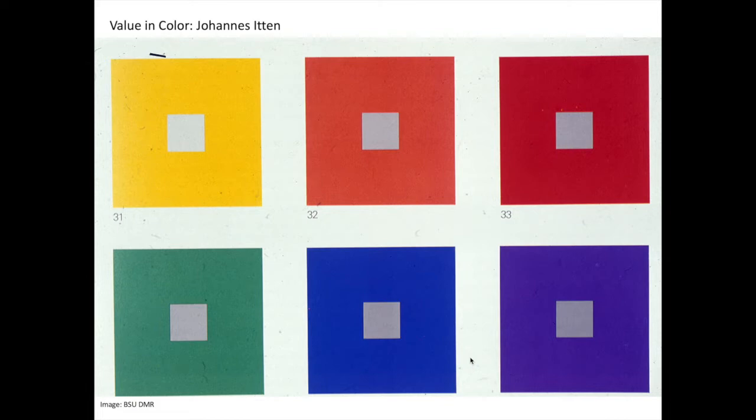80, 90 years ago, Johannes Itten, who was part of the Bauhaus, published several studies about color relationships and color perception and how different things were grouped together. That gray square in the middle is the same gray square across all of these. Now, there may be a slight difference in terms of how it was photographed or scanned from the book, but at least in theory, that gray square is the same across every single color background.